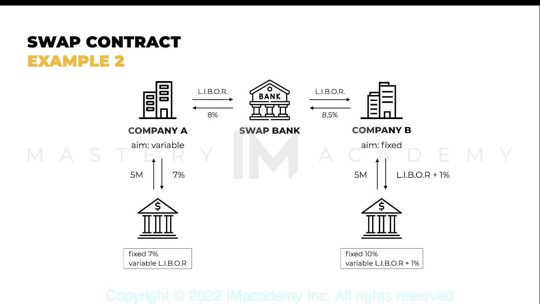It looks complicated, but here is actually a bit of financial magic, and it's going to be much more clear in a moment. Because first of all, the swap bank is also making money for itself now. Let's have a look at details.